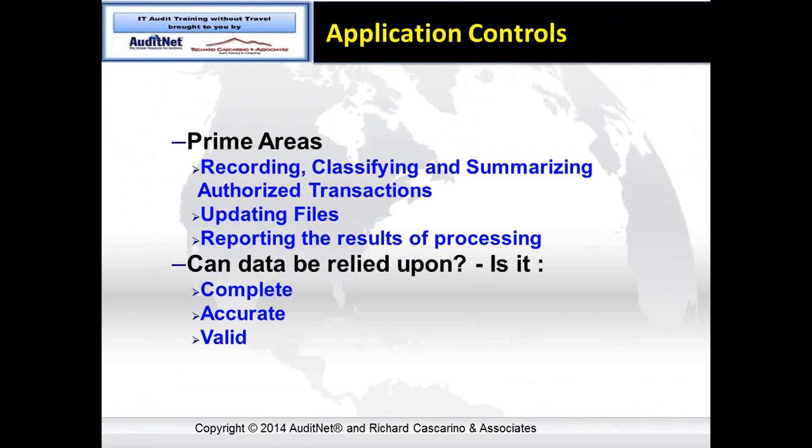And the critical areas for any management is, can we rely on this information? Am I seeing everything? Is it accurate? And is it valid? Was it authorized in the first place? Has something stopped anybody going in and changing it?